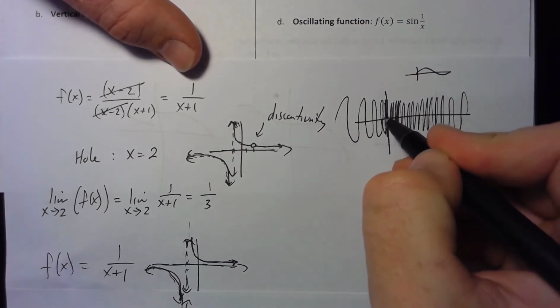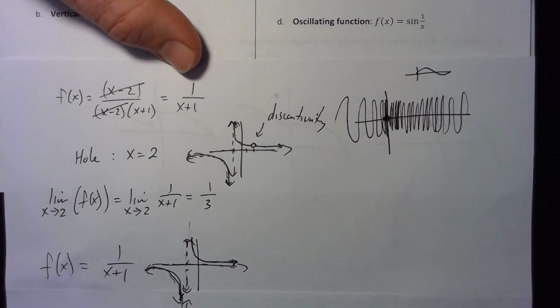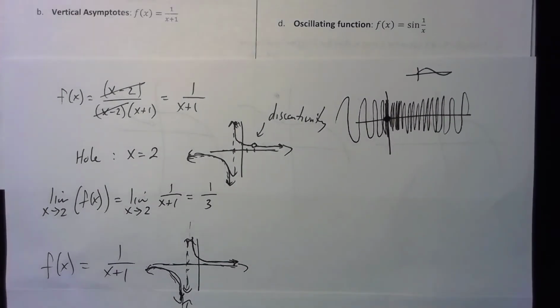We can't be absolutely certain that there's an actual point there in the center, because this function continues to bounce up and down, approaching -1 and 1 consistently forever as it gets closer and closer to the x value of 0. These are the 4 types of major discontinuities: holes, which you can remove, vertical asymptotes, jumps, and oscillating functions.